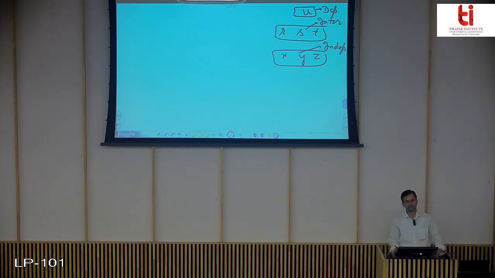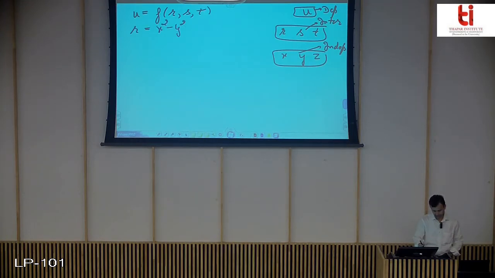In this way, the strategy for using the chain rule can now be easily applied. And we have f(r, s, t). I am writing it again so that you can see it clearly: r = x² − y², s = y² − z², t = z² − x².